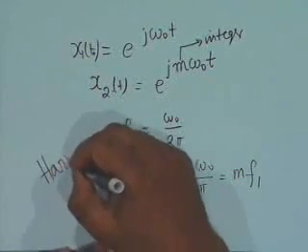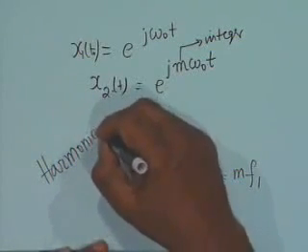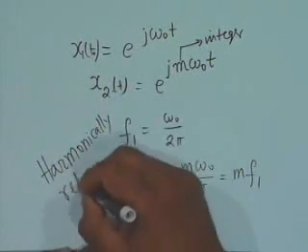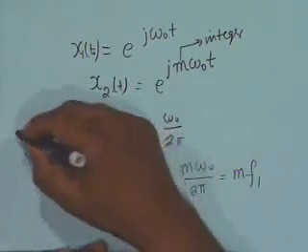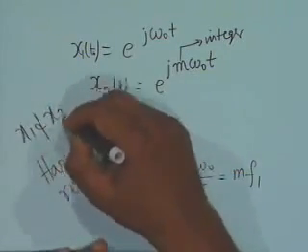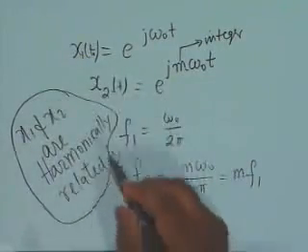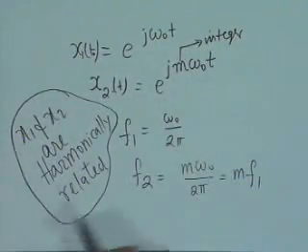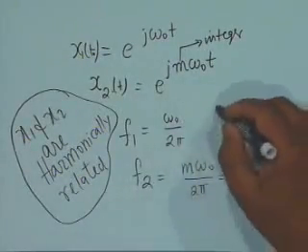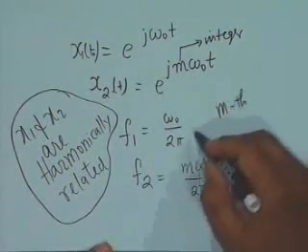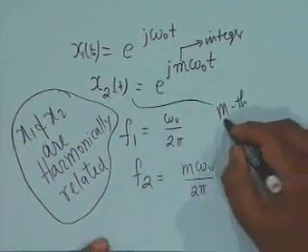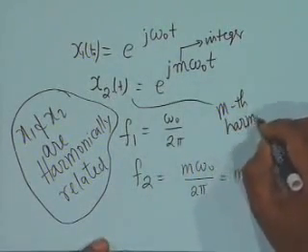Such signals are called harmonically related. x1 and x2 are harmonically related, and x2 is said to be the mth harmonic of x1.